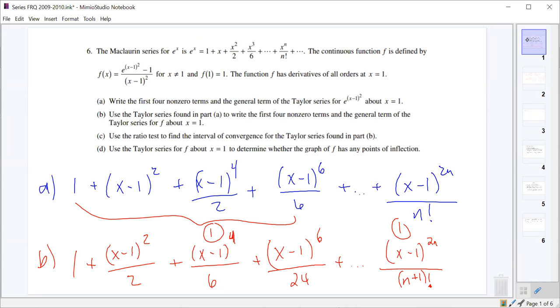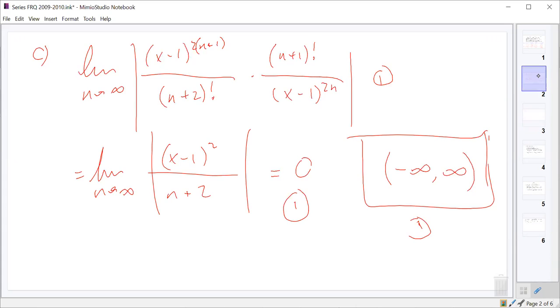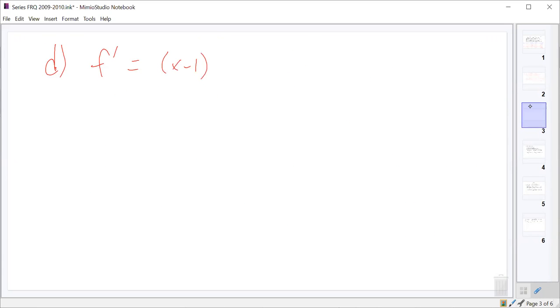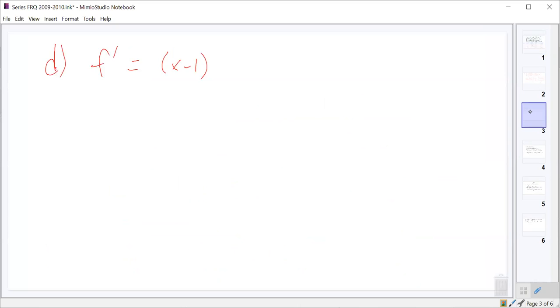Looks like that's going to be just x minus 1. And then for f, that should become 4, 6, so 2/3 of x minus 1 cubed.